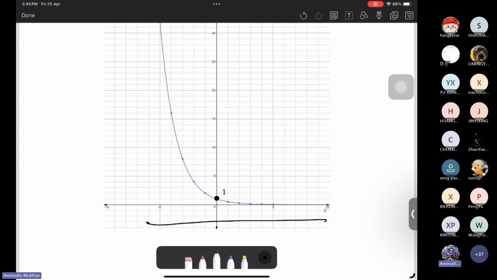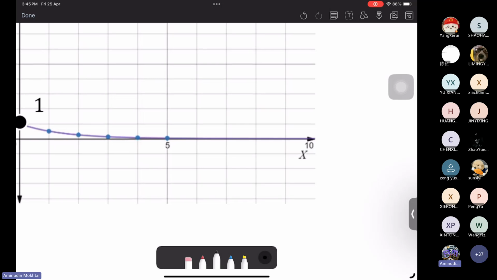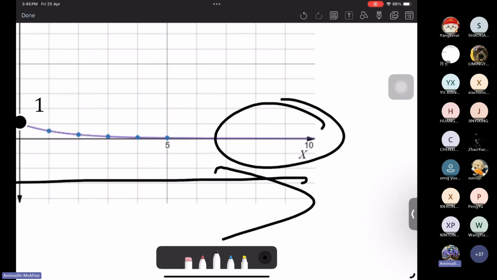When x increases, the graph falls from left to right. In other words, we can also say that the graph approaches the x-axis as x becomes more and more positive, when the value of x is bigger.